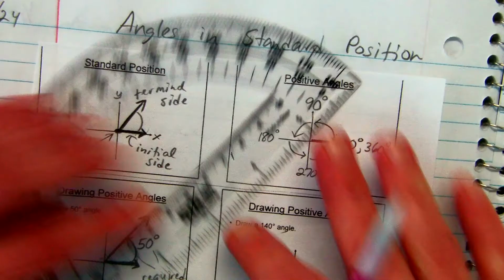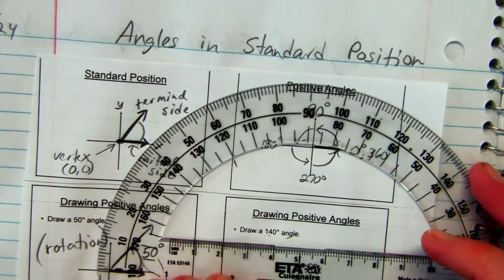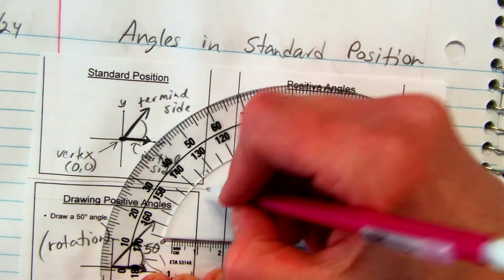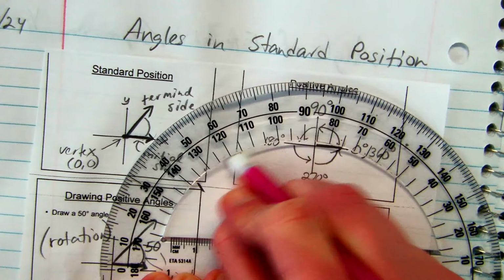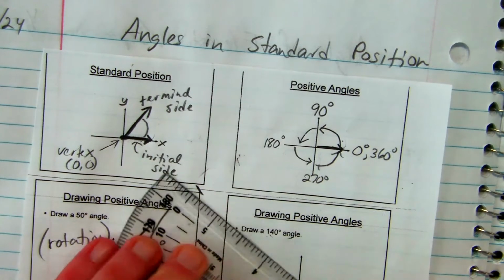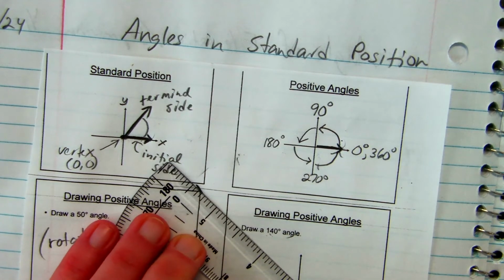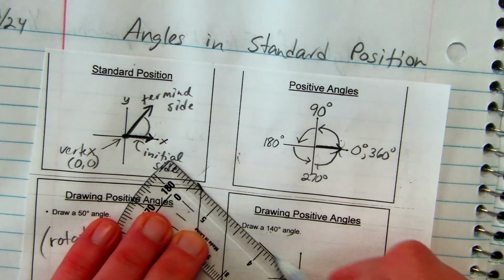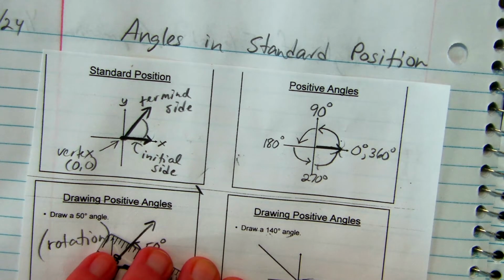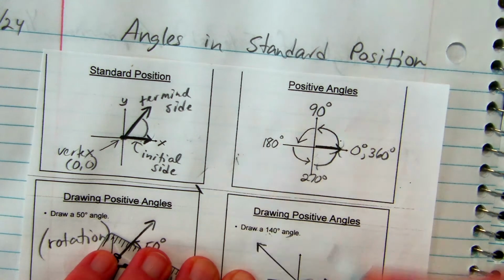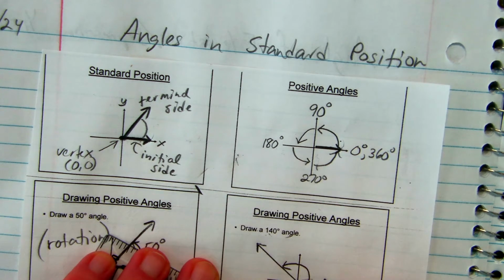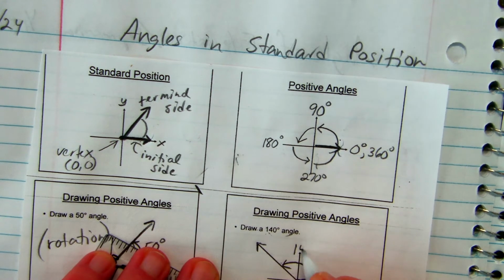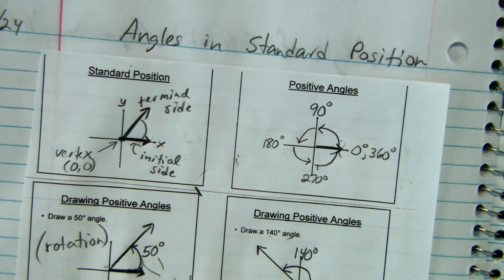Oh, does it say 140? Then I didn't go far enough. Thank you. Good job. So 140 would be over here. So my initial side I need to draw down here. This is my terminal side, and then we're going to draw this little arc with an arrow showing that I went from here to here and that that is 140 degrees.